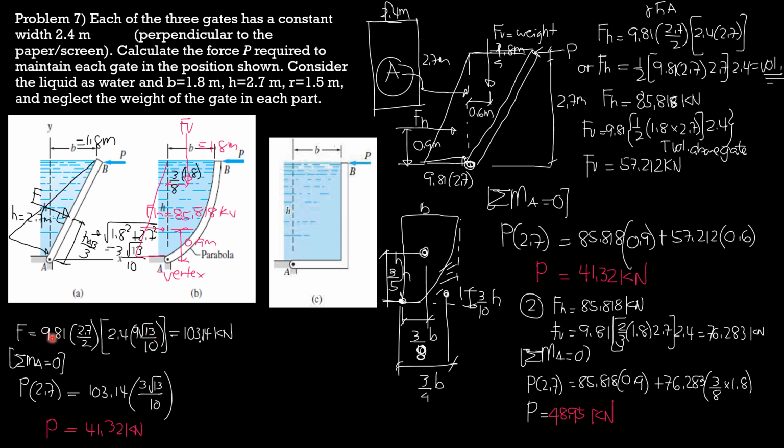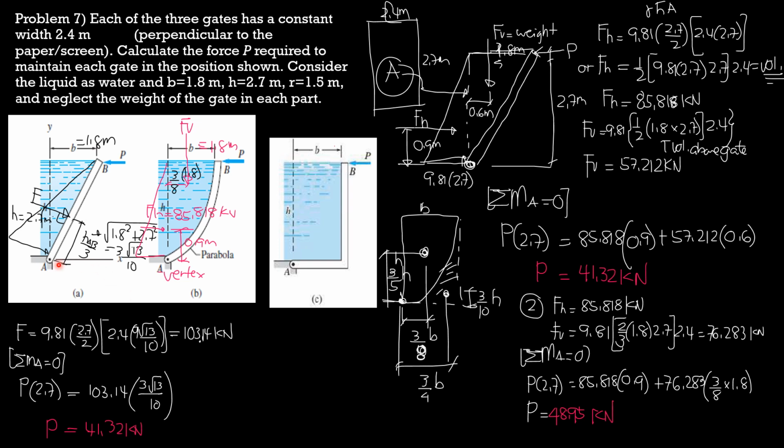Therefore, F is the specific weight of water 9.81, h-bar 2.7 over 2. The area is the width perpendicular to the screen, 2.4, times the height of the rectangular gate, the length AB, which is 9 square root of 13 over 10. So F is 103.14 kilonewtons.